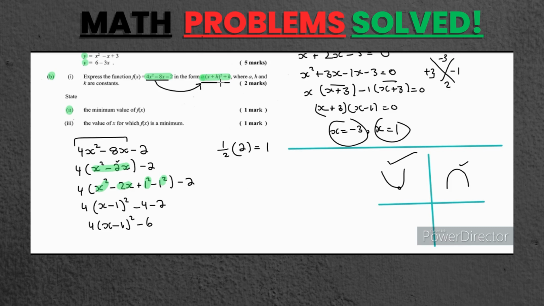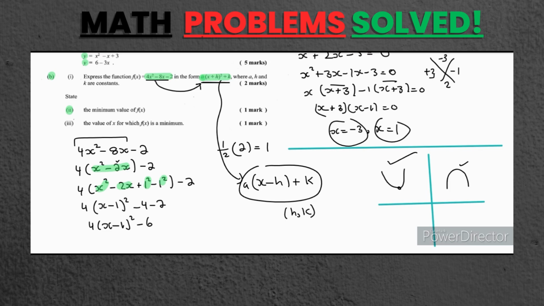From this equation, if it is like this, a times (x minus h) squared plus k, in this format, then (h, k) represents the vertex of the parabola, right?